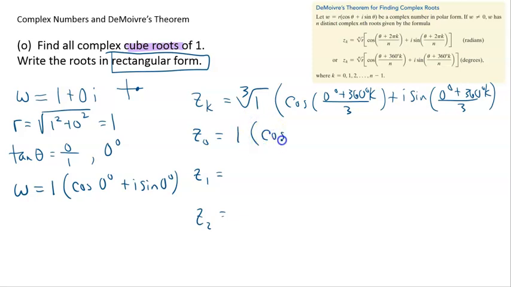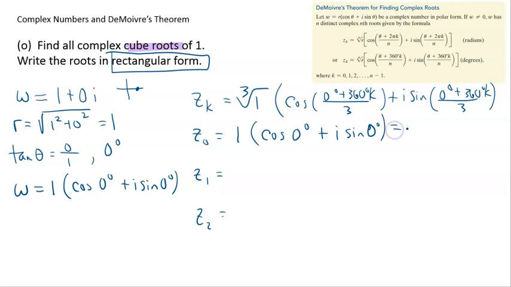Times the cosine of, now, 360 times 0 is 0, plus 0 is still 0, divided by 3 is still 0. So that's the cosine of 0 degrees plus i sine of 0 degrees.